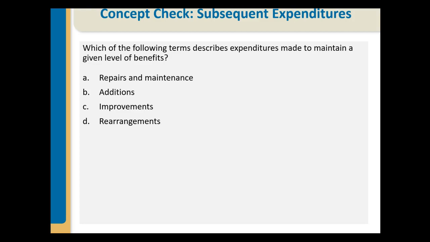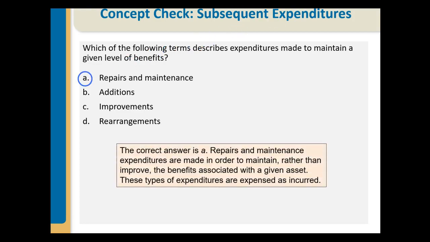I hope you guys get this. It is A. Repairs and maintenance are made in order to maintain rather than improve the benefits associated with a given asset. Those are expensed in the period in which they were incurred.